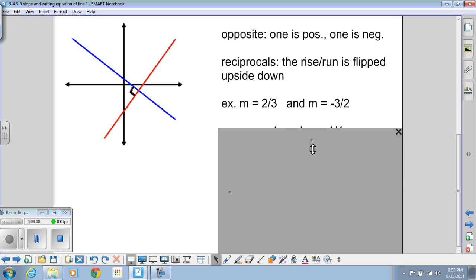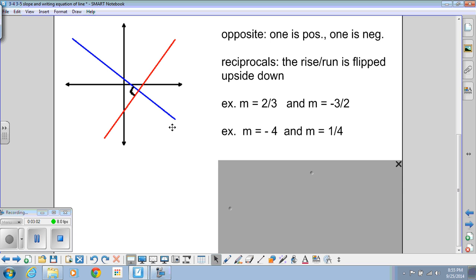Another example would be, let's say this blue line was -4. Okay, so that slope had a -4 over 1. Now, something that you may not remember right away is if I have just a whole number for my slope, that's understood to be divided by 1.